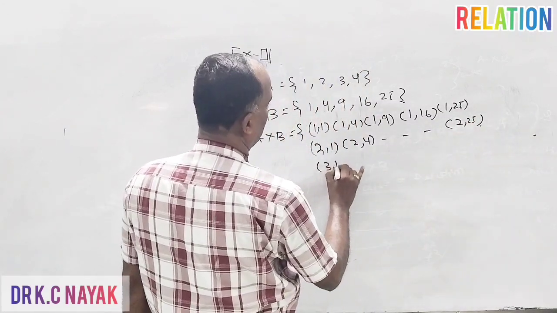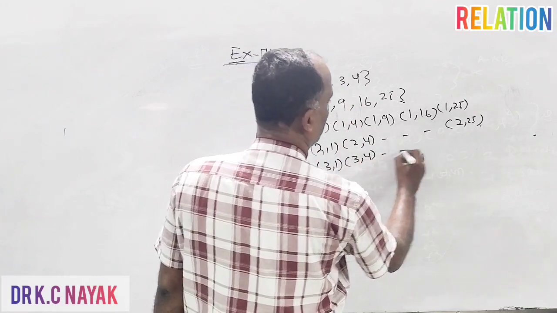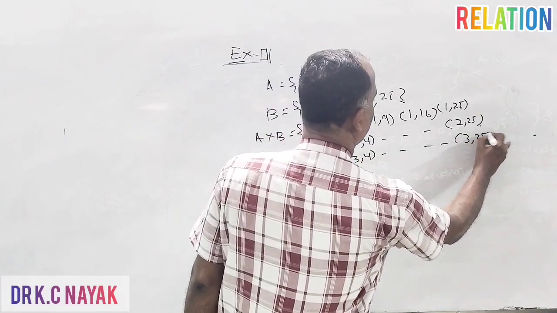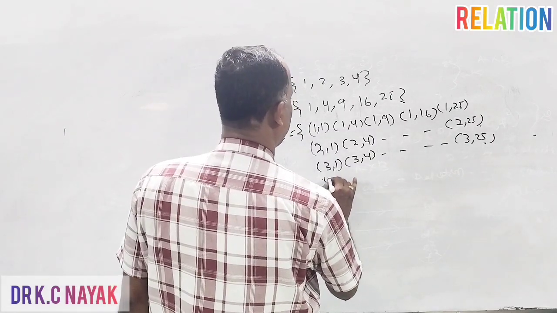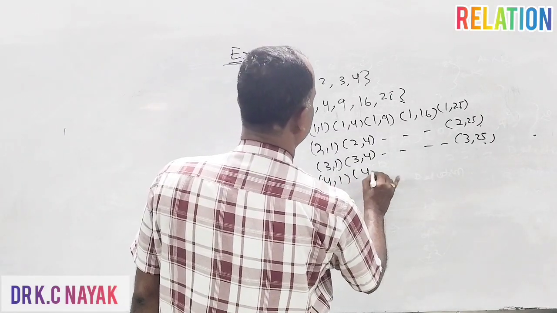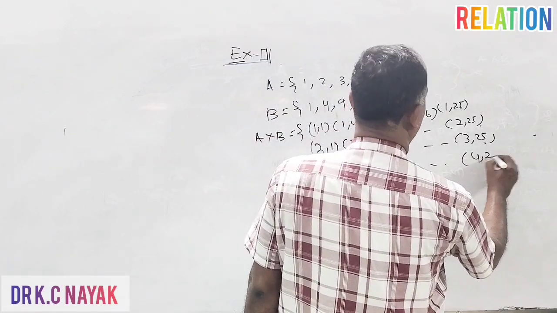Then (3, 1), (3, 4), like that up to (3, 25). Similarly, 4 is associated to 1, 4 is associated to 4, like that, 4 is associated to 25.